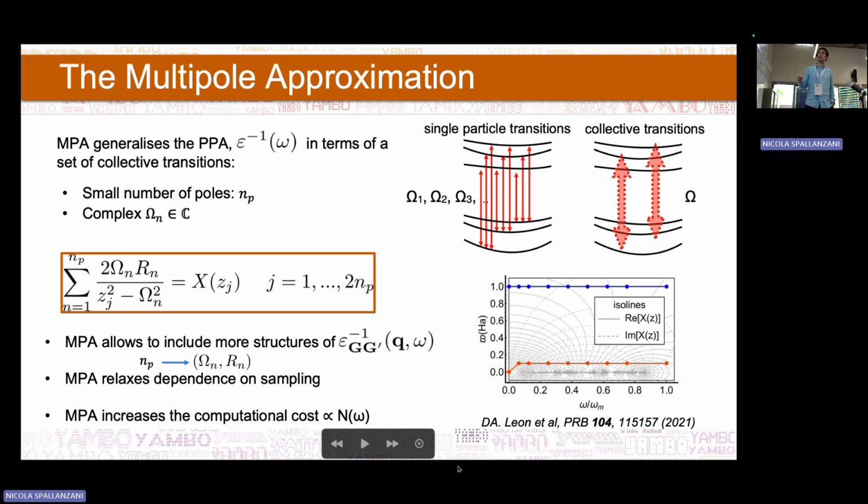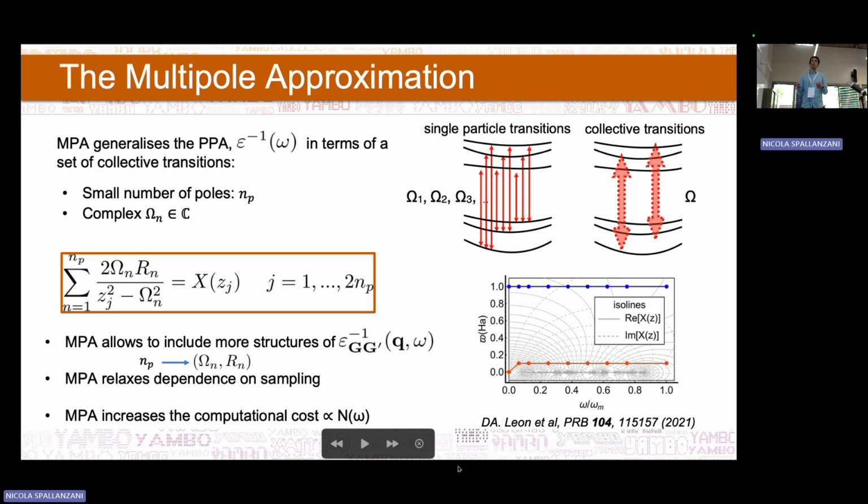For each couple you can find an associated value of energy of the collective motion and the residue of the collective motion. So this expression is exactly the same as the plasmon pole, but here we are summing over NP instead of just considering one.